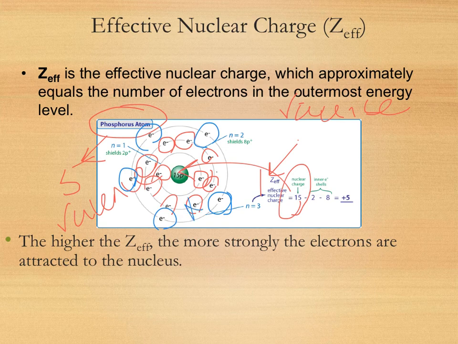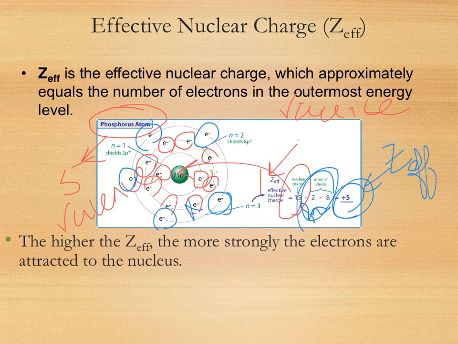And how many inner electrons are there? There are 10 altogether. So if you subtract those 10 inner electrons, you end up with a net nuclear charge, or effective nuclear charge, of only 5 for phosphorus. But for our purposes in this class, you can know the number of valence electrons an element has, and that's its approximate effective nuclear charge.